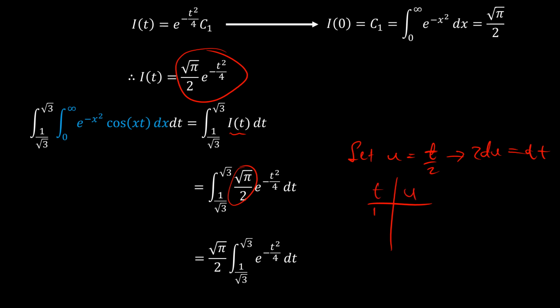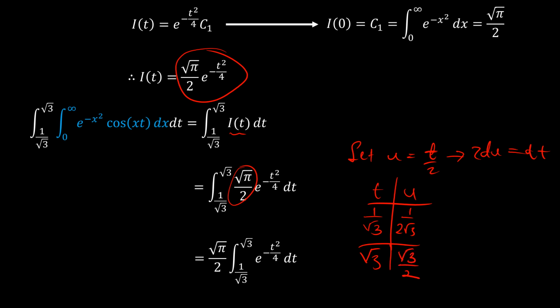That means that when t is at the lower limit 1 over root 3, u is t over 2, which is 1 over 2 root 3. And when t is root 3, this means that u is root 3 over 2.